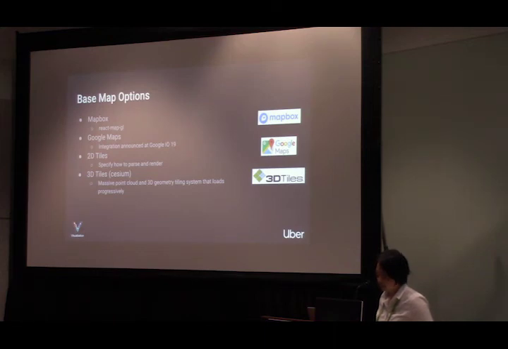Also, we started collaborating with Cesium to develop a 3D tile layer and a new tiling system that can load the data progressively, which enables DeckGL to handle much more point cloud data. We also have the tile layer, which can parse and render two-dimensional tiles.